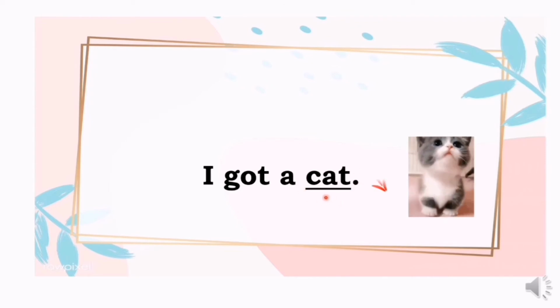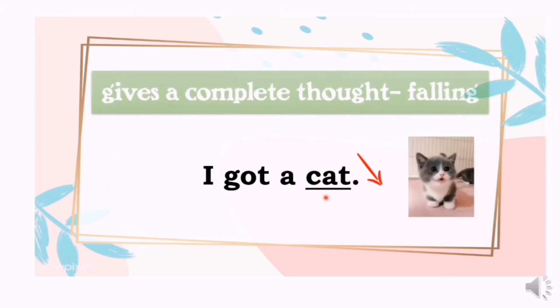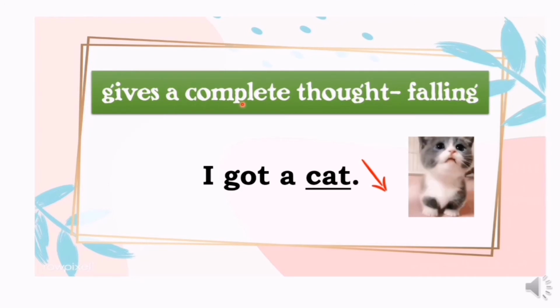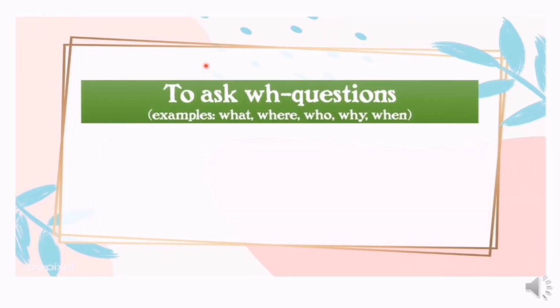Now, this is a falling intonation because it gives a complete thought, and that is the sentence, I got a cat. To ask WH questions, examples, what, where, who, why, and when, we use the falling intonation.